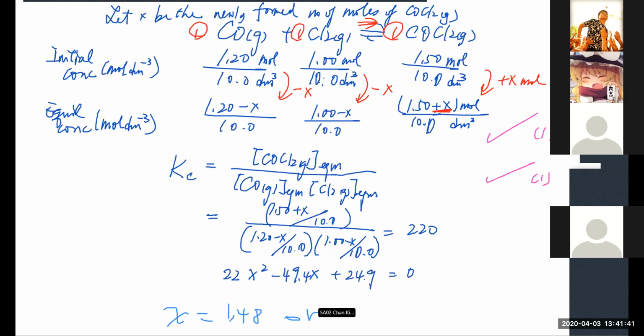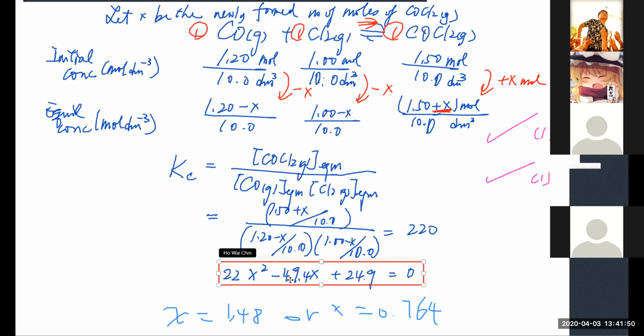So I would like to remind you here that it is quite different from what you calculate in mathematics, because for the x term and the constant terms, they are in decimal places. Don't worry, they will not give you an integer, but you can still press it in your calculator.